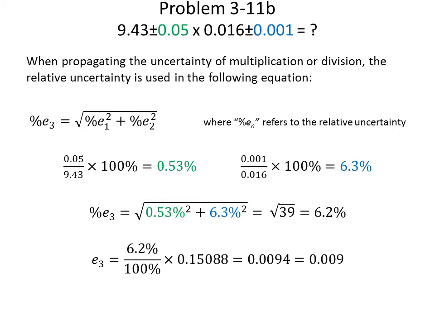To do this, we divide 6.2% by 100%. We always divide by 100%. We then multiply by the value, which is 0.15088. This is the product of 9.43 times 0.016. Therefore, E3 is equal to 0.0094 and rounds to 0.009.